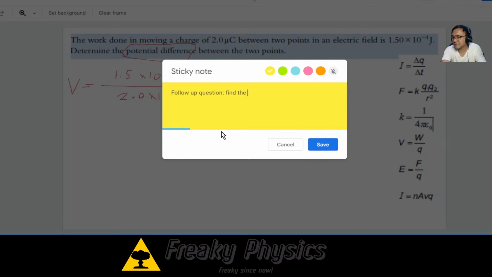Wait, are you sure? Yeah, I'm pretty sure you may have made a mistake somewhere in there. Can you see my calculator? Let me see. Try putting the denominator in brackets.